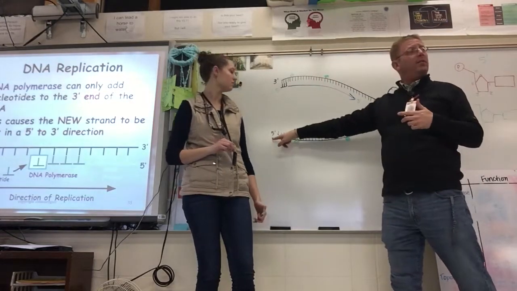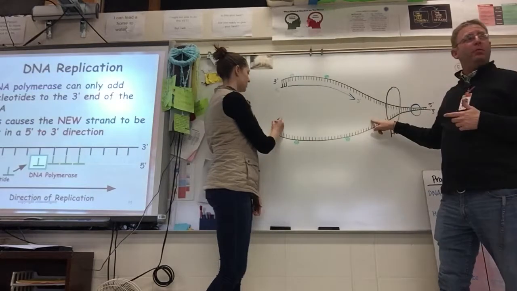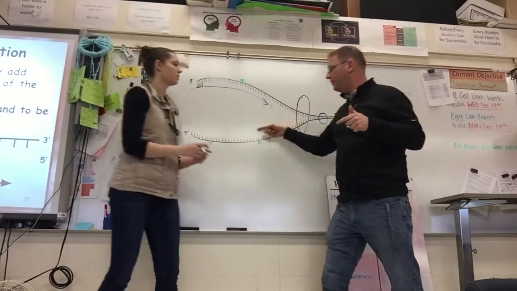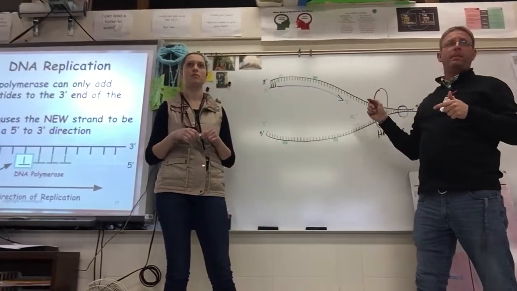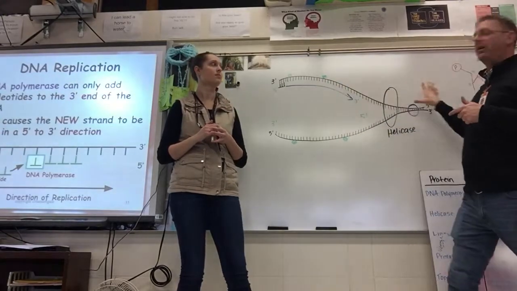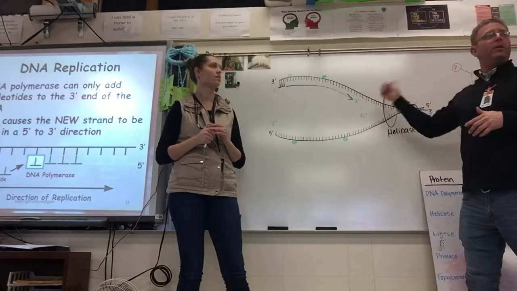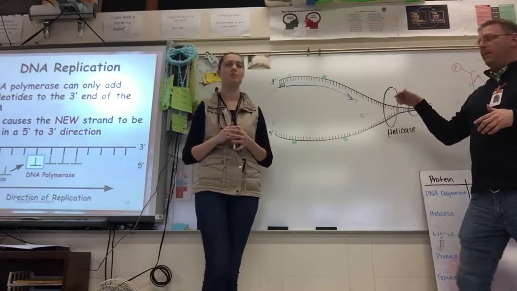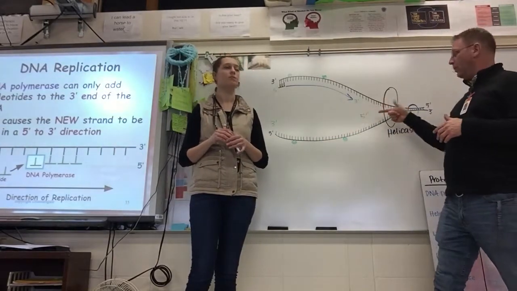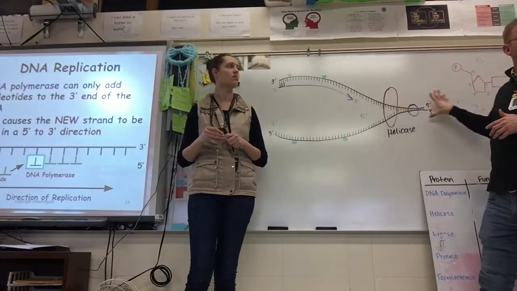On this one down here, if this is 5', your new strand will be 3' and 5' will be here, but you can still only build new nucleotides 5 to 3. And that's why you have to do it in small chunks. Correct. So the leading strand always works towards helicase, and the lagging strand will always work opposite of that because it can only build in this direction. And it only will work as fast as this opens up.